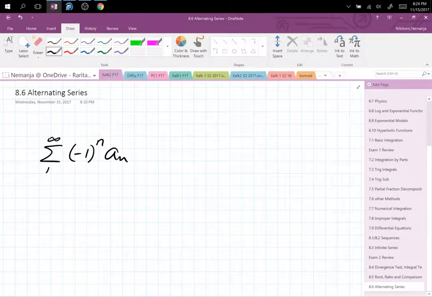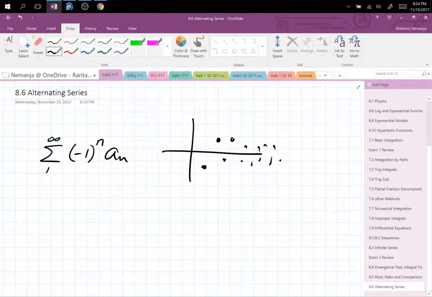It gives us each term, right? It goes 1, -1, 1, -1, 1, -1. So when you start plotting, one point goes below, one above, one below, one above, right? It alternates the side of the n line, therefore alternating series.